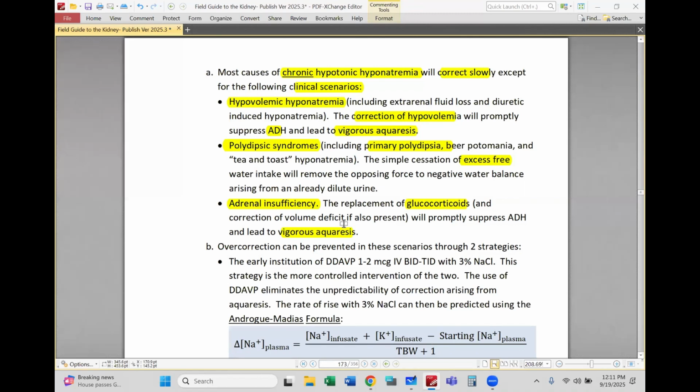For all the other chronic hyponatremias, where sodium is 118 in a heart failure patient or cirrhotic patient, as long as they're not seizing, those can be taken on when you have time. But these others, you need to inject yourself into their case early on because they can overcorrect quickly.